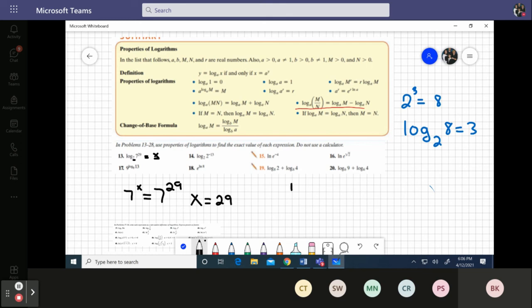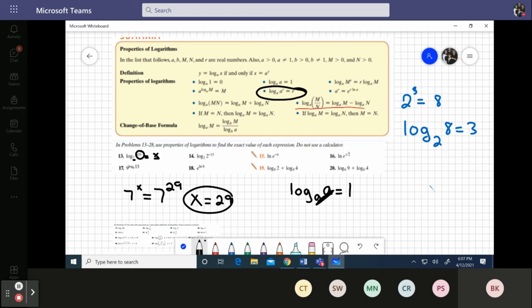We have a property. We know that if we have log base a of a to the x, these two are the same. The only exponent in the world that could leave them the same is a 1. So using our properties, if I have this exponent up here, that's going to be my solution every time.